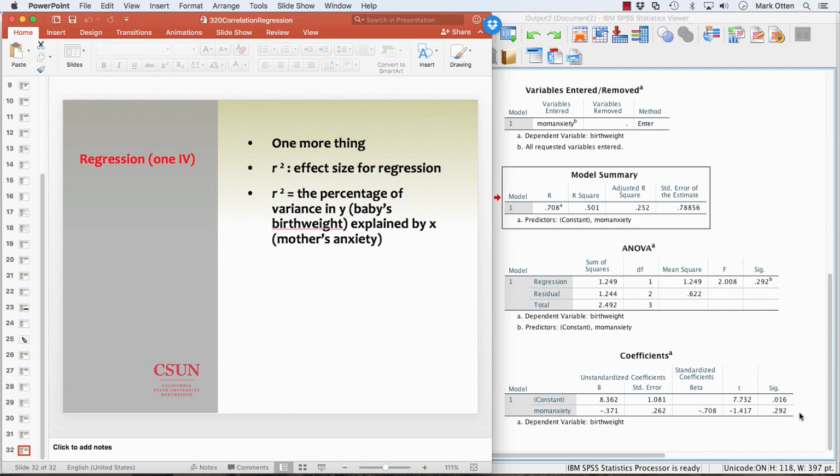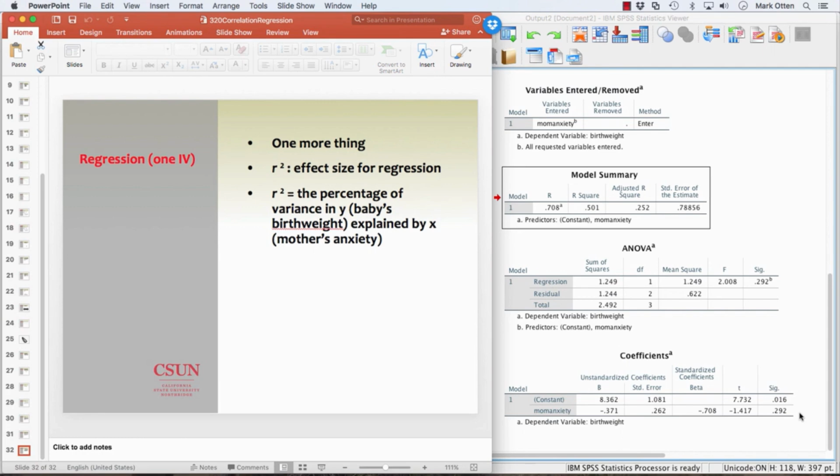It's not part of the hypothesis test, but it's sometimes even more important in order to evaluate your study relative to other studies. Will this effect, if it's there, will this relationship or lack thereof between mother's anxiety and birth weight carry over to the next study? Is it something that could be replicated, or is it something that could not?